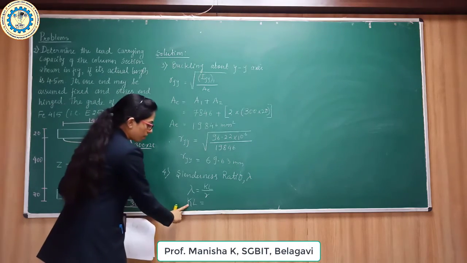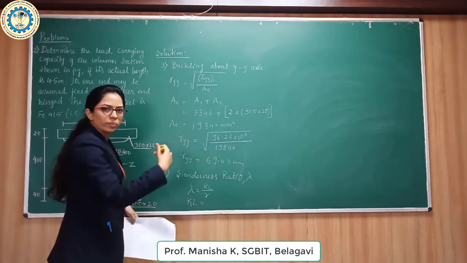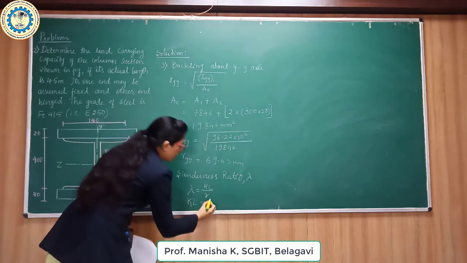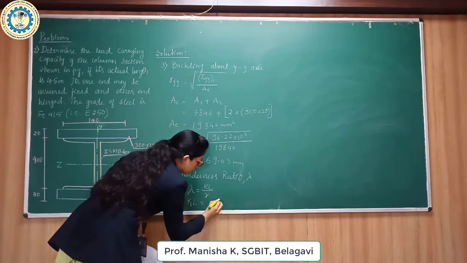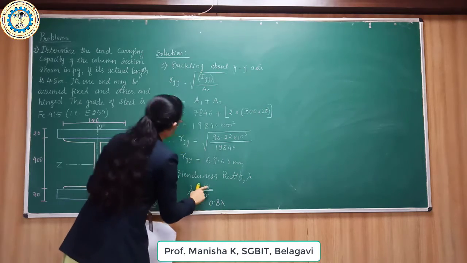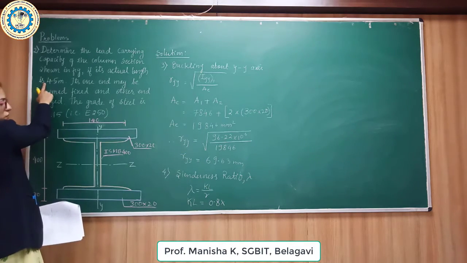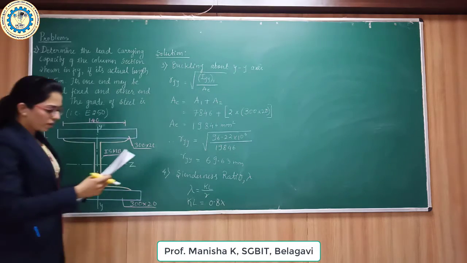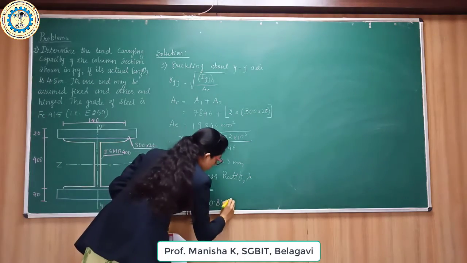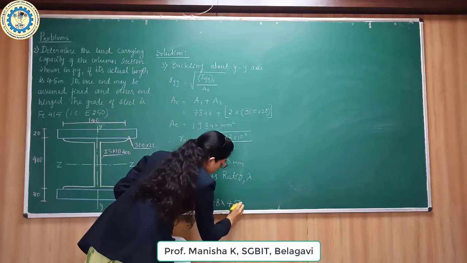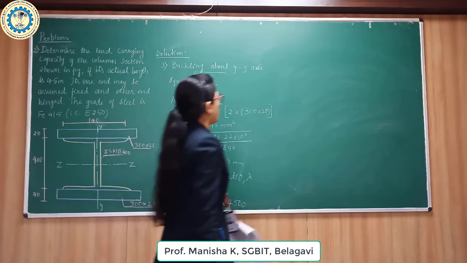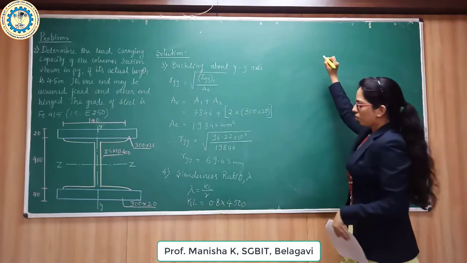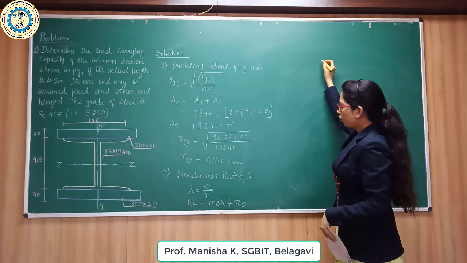K value is there in your code book. Okay, find it out. It is nothing but 0.8 into L. L is this actual length 4.5, which is there in meters. Convert it into mm. That is 4,500 mm.